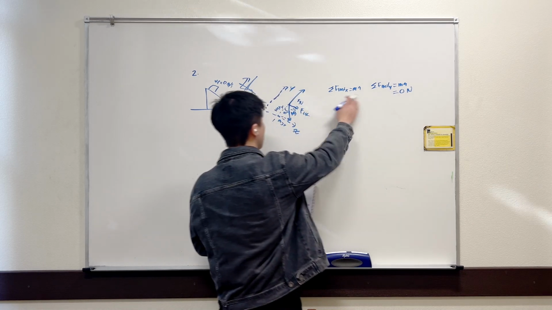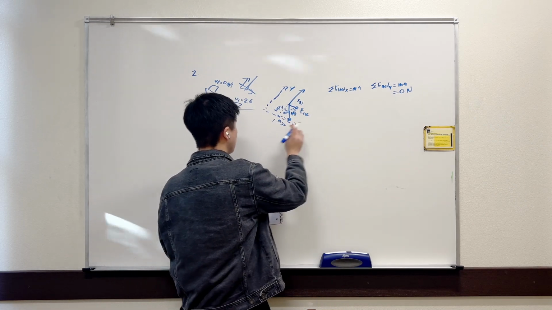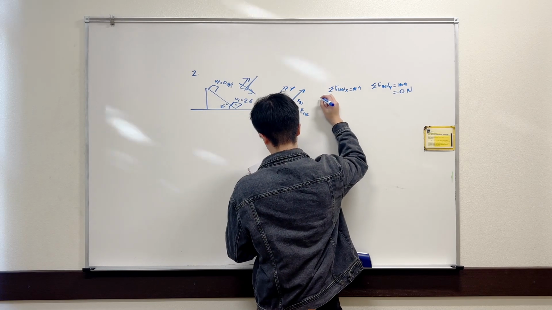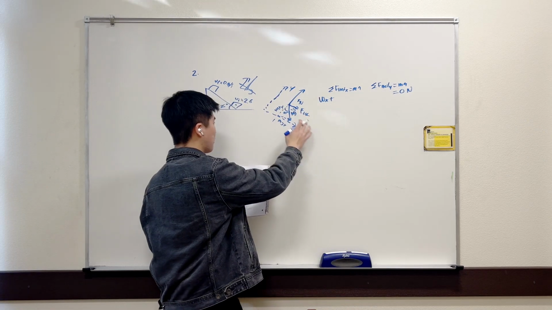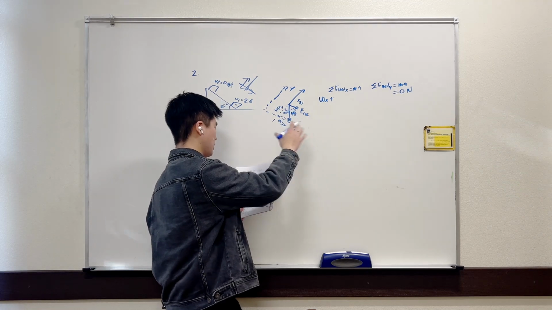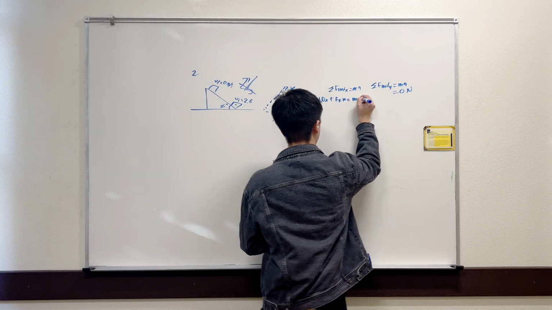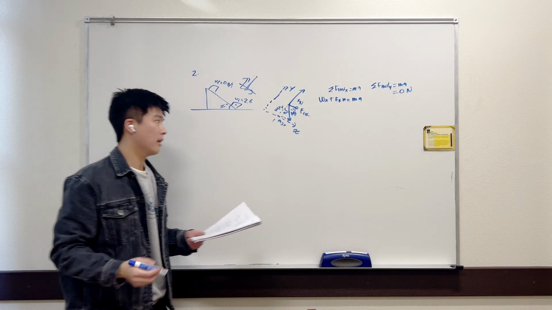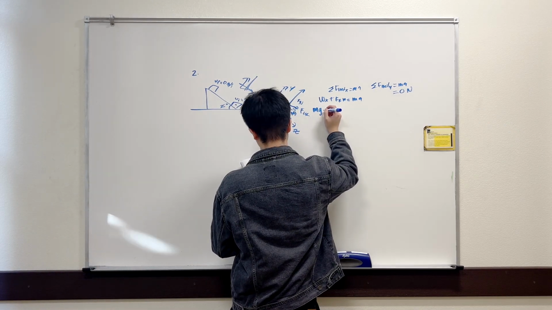And so in the x direction, we have mgx, so the weight x, plus the friction force that is going in the same positive x direction as we set it up. So the friction force plus the weight x equals ma. And now let's further derive our formula.